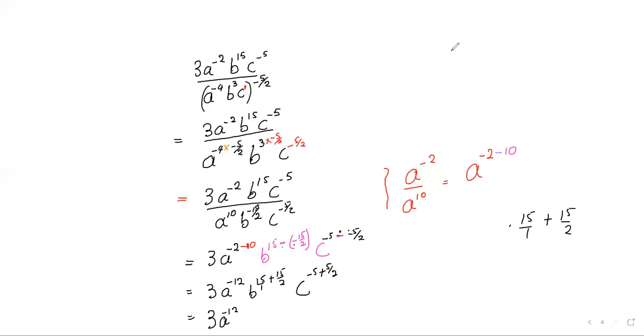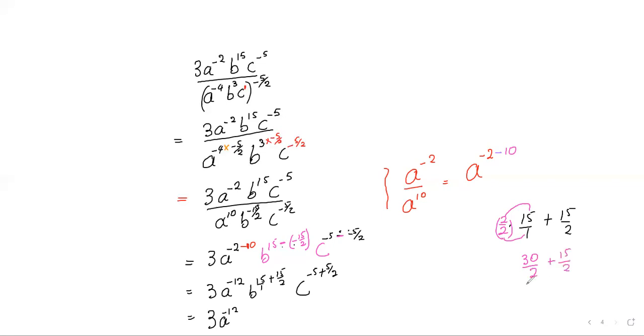I can multiply here by 1, 2 over 2, same as 1, but 2 times 15 is 30, 2 times 1 is 2. So I'll have 30 divided by 2, which we agree is the same as 15, plus 15 over 2.